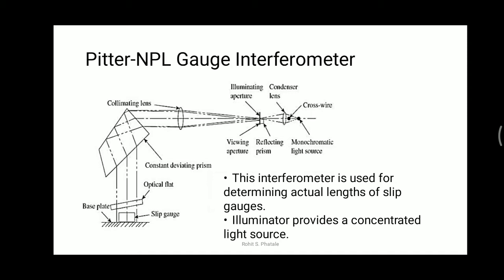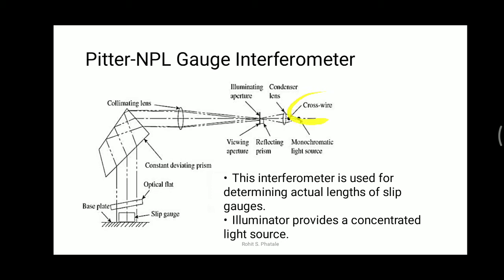The illuminator provides a concentrated light source. Again, a monochromatic light source is used to get the desired output or to gather information.